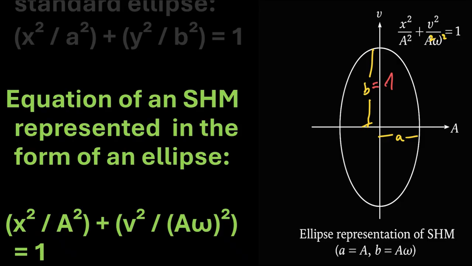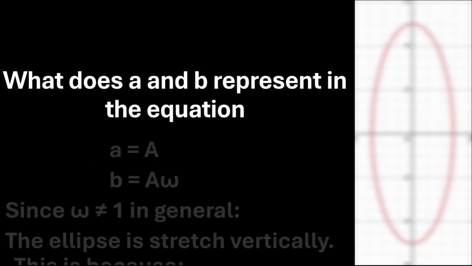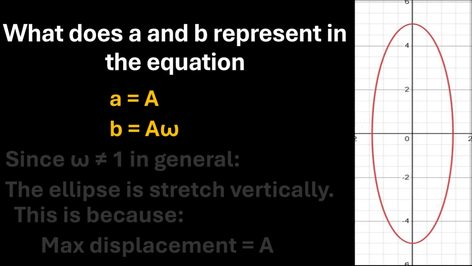This b is equal to A omega, and a here is equal to capital A. Exactly, so these are the major axis and the minor axis. A is equal to the amplitude, this portion here, and B is equal to A omega, along the vertical axis here.